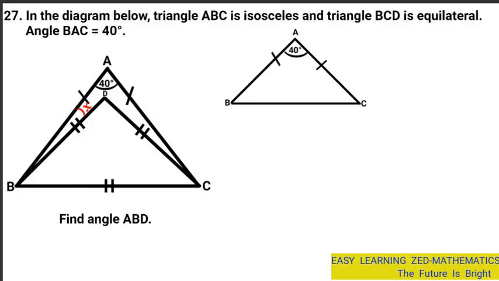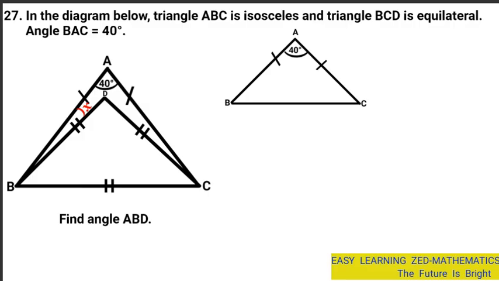It has one angle given, which is 40 degrees. So this is the triangle. You can see the side AC and the side AB are equal. That's why you can see those short lines crossing them.